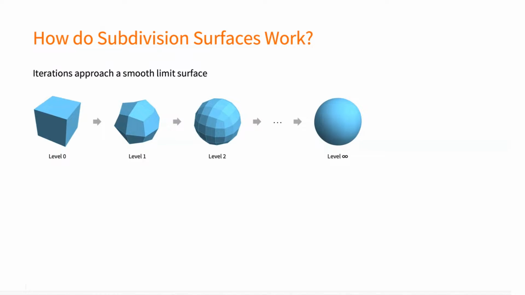We call these iterations levels, and we consider level 0 to be the original base mesh. As we increase the number of subdivision levels, our mesh becomes smoother and smoother. Eventually, as it approaches infinity, our surface will approach something called the limit surface. Unlike the previous finite levels, this limit surface is unique in that it is mathematically smooth and not made up of discrete polygons.